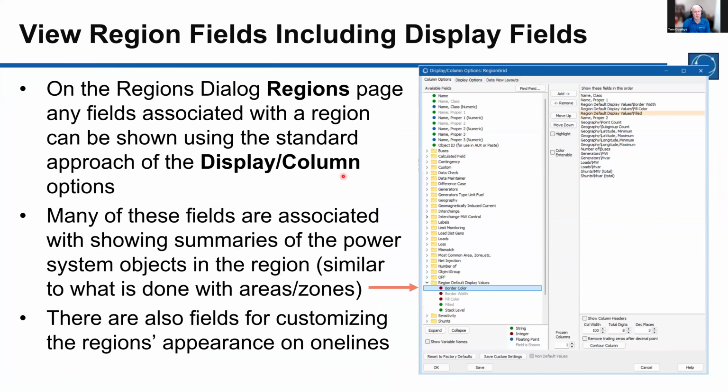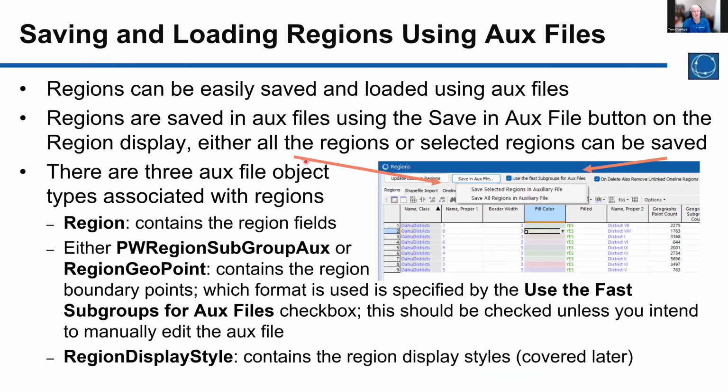Okay, so we give you options for customizing their appearance. With regions, chances are you're going to want to use them on different cases. So we made it easy to save regions in an aux file.